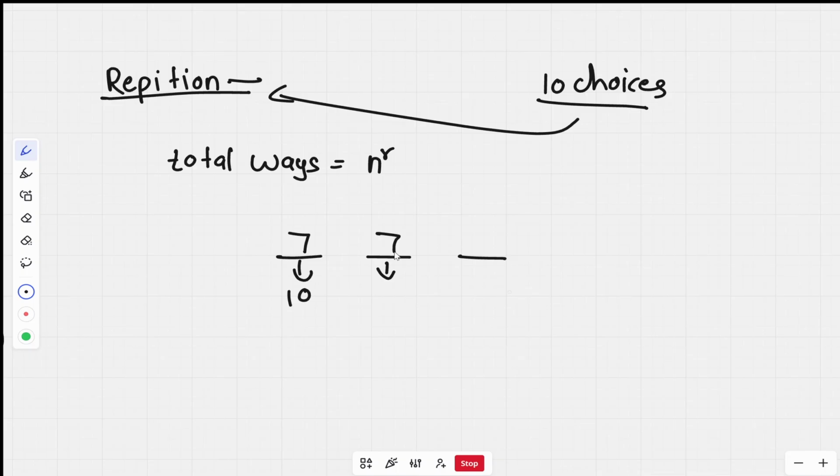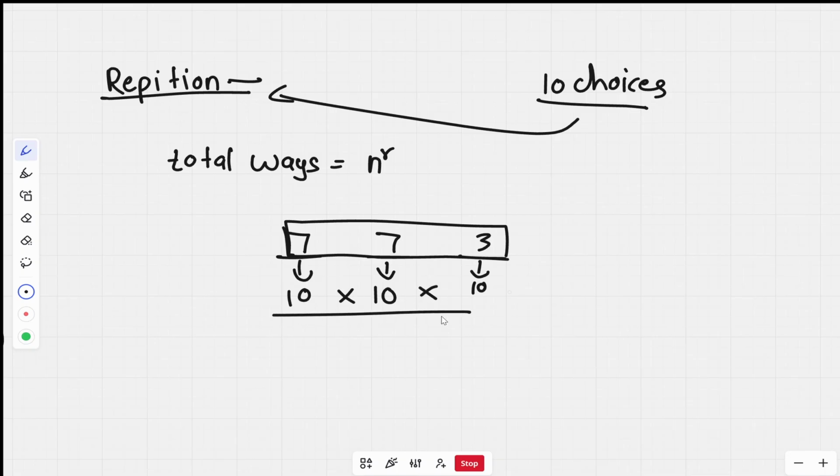for example 7 here, so we can put 7 here too. So like that we also have 10 choices here, and similarly we have 10 choices here too, and we can put any number like 3, 4 for example. All right, so this is one arrangement, one permutation, and these are the total number of ways. So we can write it as basically 10 to the power 3.